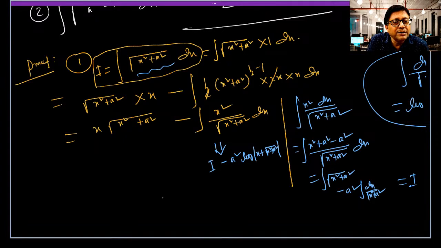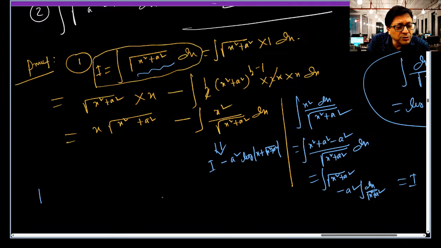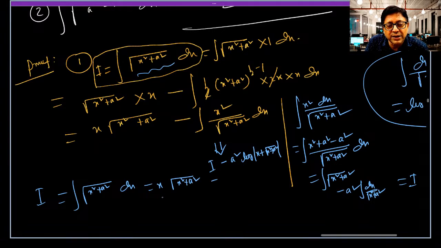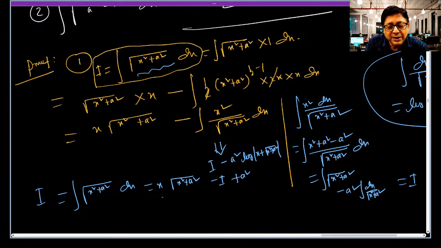So now here we have started with I equal to this, which has become x root x square plus a square minus a square log of x plus root over x square plus a square, minus I. So this I you take to the left hand side: 2I equal to x root x square plus a square plus a square log of x plus root over x square plus a square.